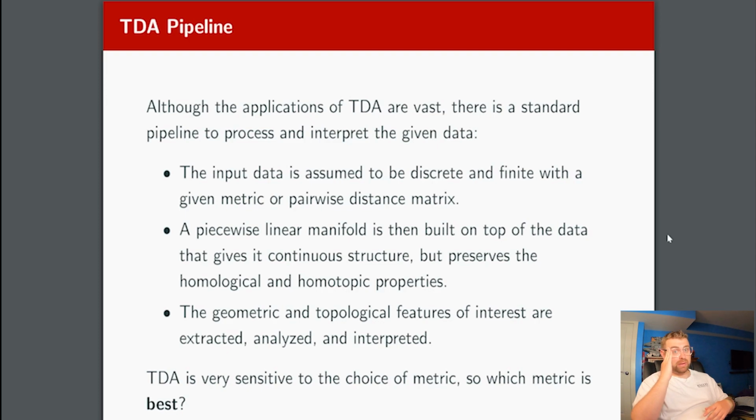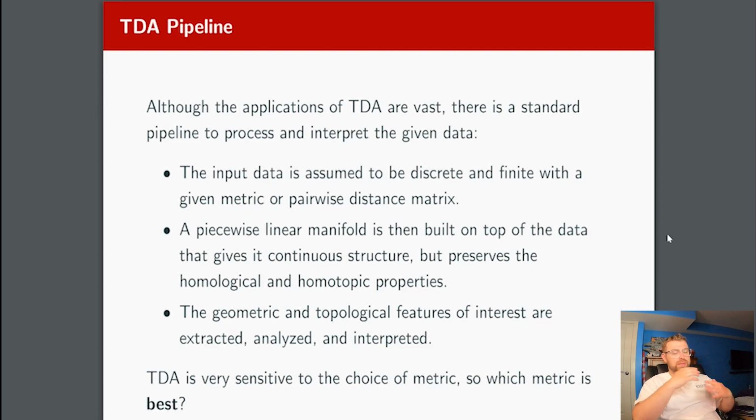And so we get some kind of continuous structure, but we still get homological and homotopic properties from this data. So even though we're going from discrete data, we're making a continuous mesh on it.